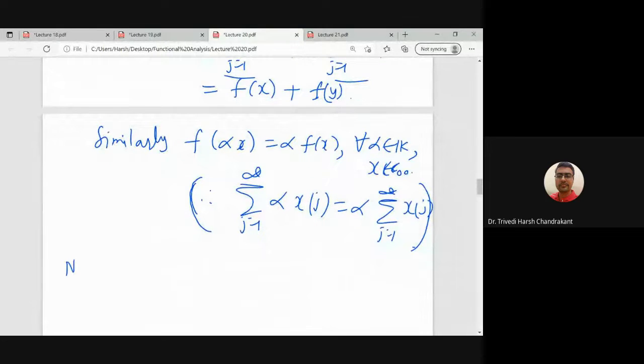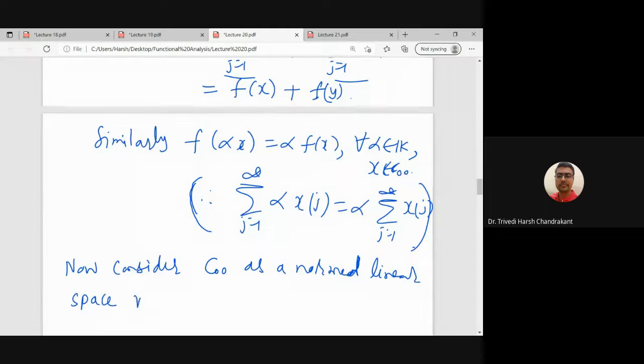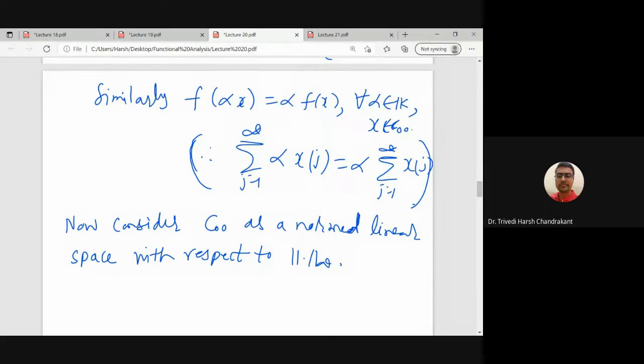So now consider C00 as a normed linear space. It is already a vector space. C00 is a vector space. Now we are considering a norm on that. So the norm we are considering is the supremum norm. Right. So on C00 we are defining the supremum norm, and on K we usually define the modulus norm.